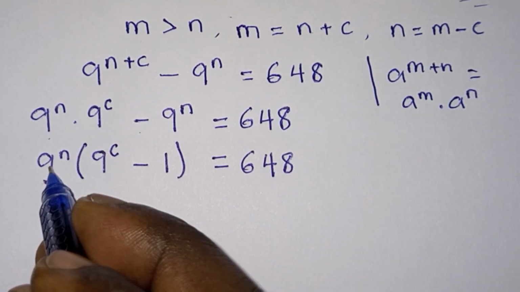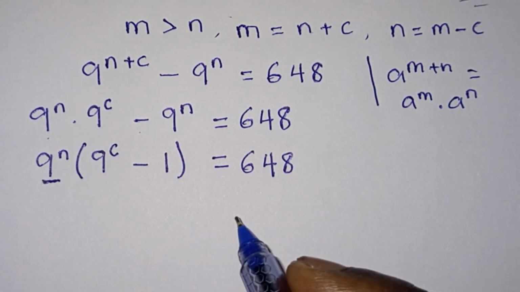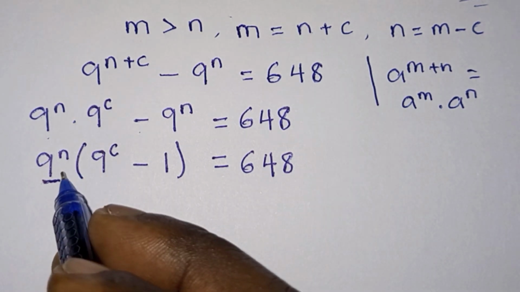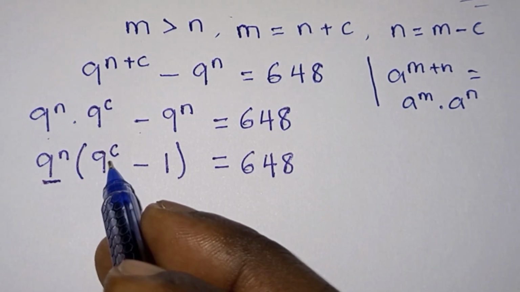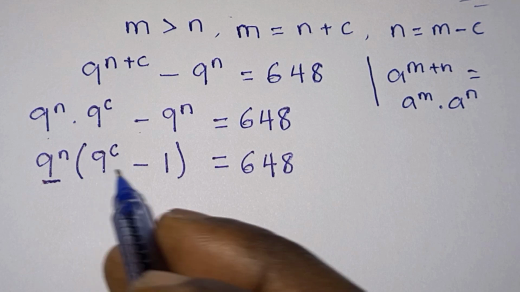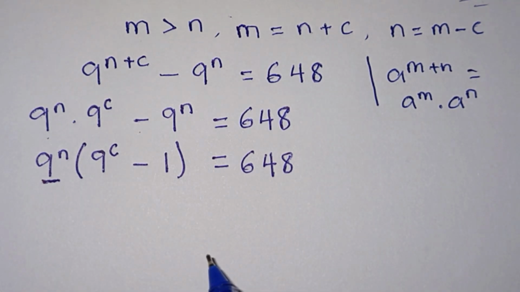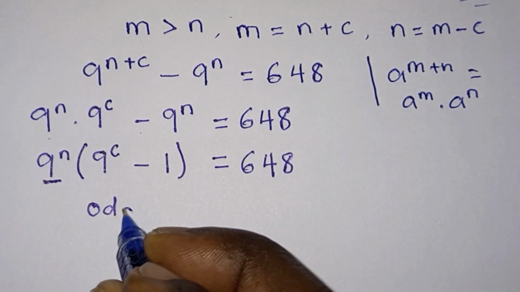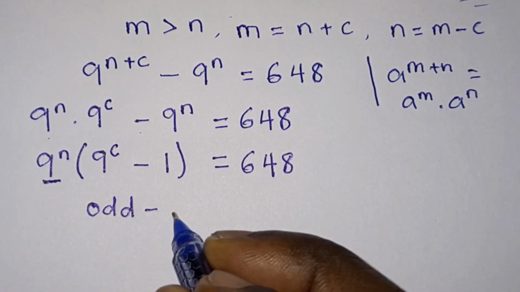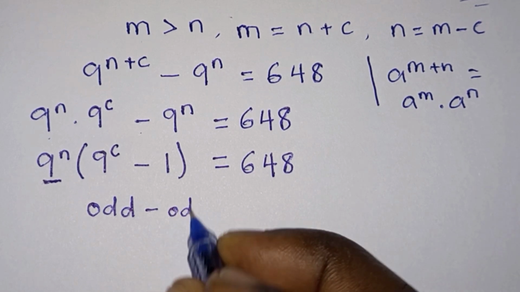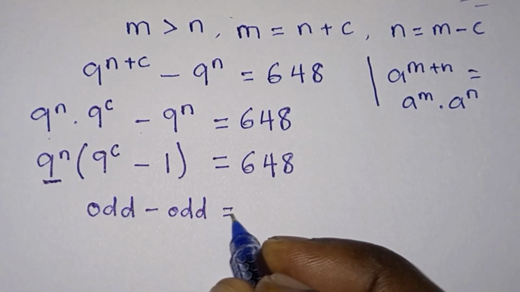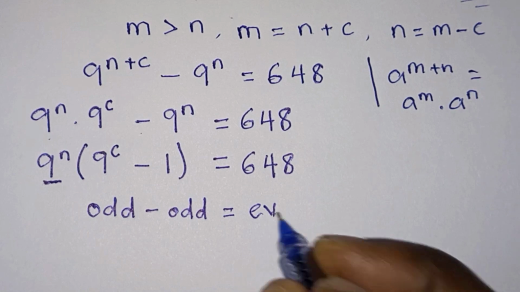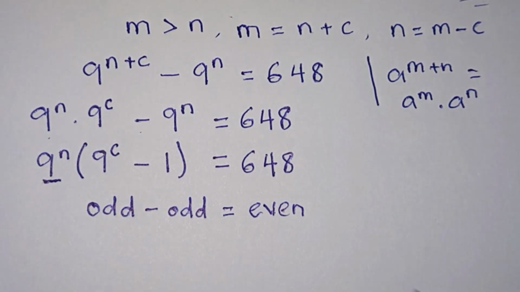Now note that 9 to the power n is always an odd number since n is an integer, and then 9 to the power c is also an odd number because c is also an integer, right? Now note that whenever you take odd from odd, I mean the difference between two odd numbers, is going to give you even, right?